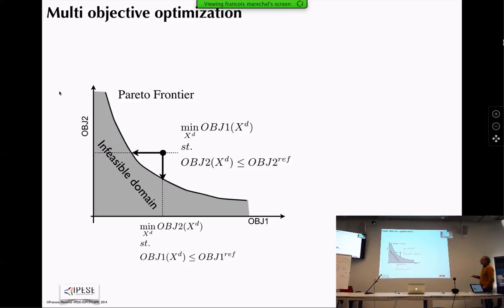And then we'll end up with this point, which is the best, so the smallest cost for this level of the objective 2. Okay? If now I'm changing objective 2, I can go here, and then I will optimize again, and I will end up with this point. Okay? And the reverse is also true, so I can also take this point and calculate for a given value of objective 1 what is the lowest value for objective 2. Okay? This is the principle of the multi-objective optimization.